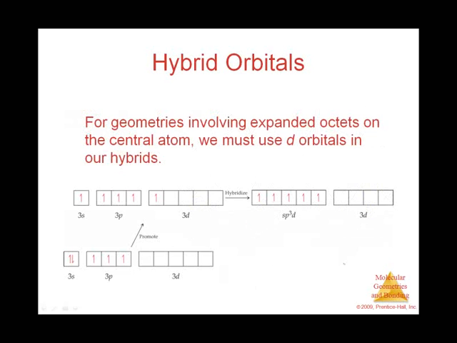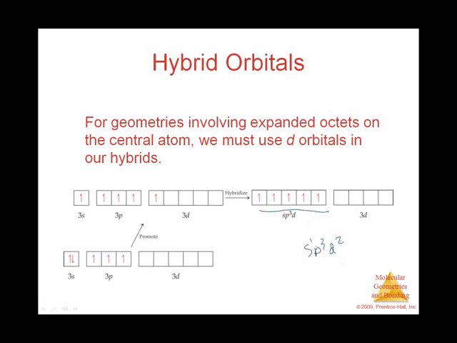Okay, so if we have an expanded octet, now we must use d orbitals, right? So I can't go any higher than sp3. If I have 5 places around the central atom that's being bonded, I need to add a d orbital. And of course, if I have 6 places around the central atom, I'm going to have sp3d2, because I need 2, 5, and 1 is 6.